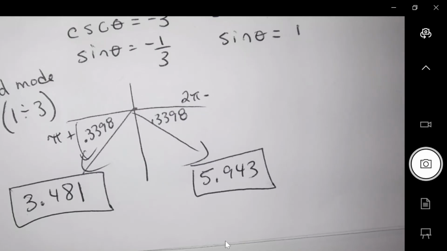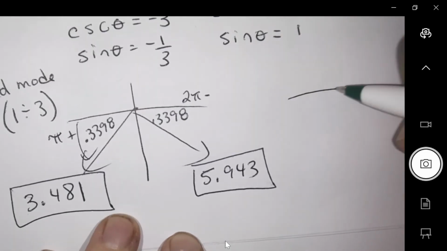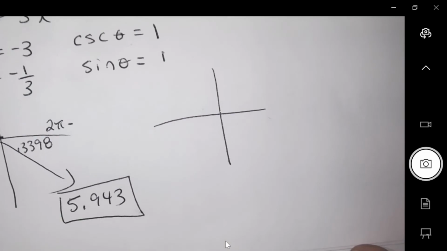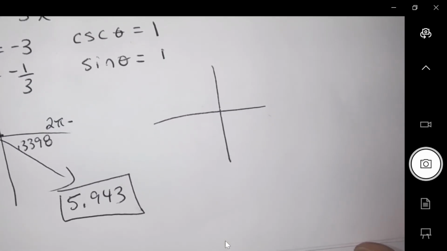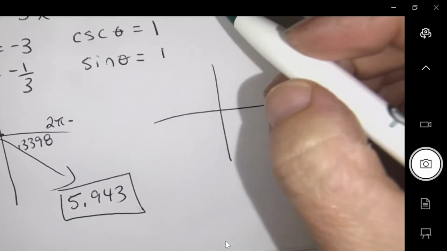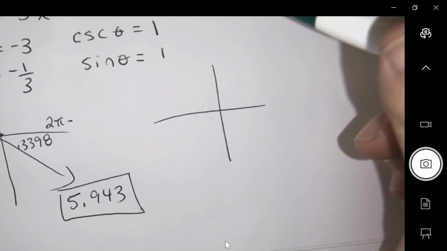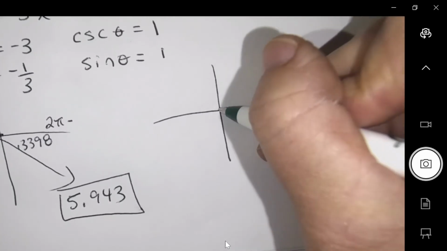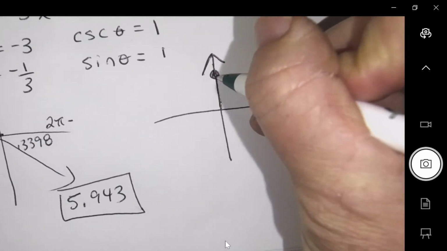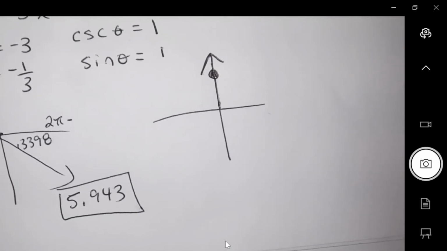Okay, and then I go over to sine of an angle of 1. Ooh, that's on a unit circle. The number 1 is on a unit circle, so I'm not going to touch my calculator. Where is there a y value of 1? Are you thinking in that location the y value is 1 up there?